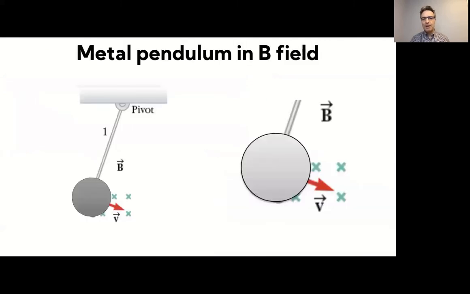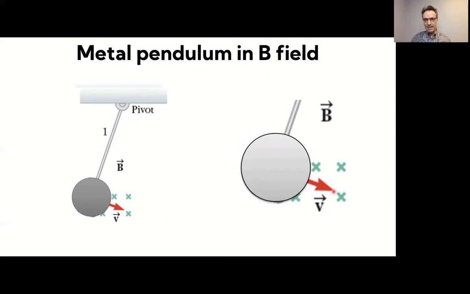Another example of magnetic braking is a metal pendulum in a magnetic field. So suppose that you have a pendulum like this, you have a solid metal disc that goes into this magnetic field, again, pointing into the page. Velocity is going in that direction. What will actually happen? Well, you'll exert a force on your charges.